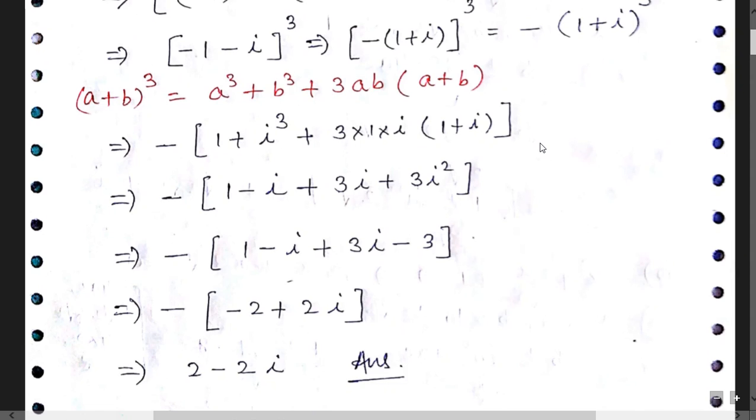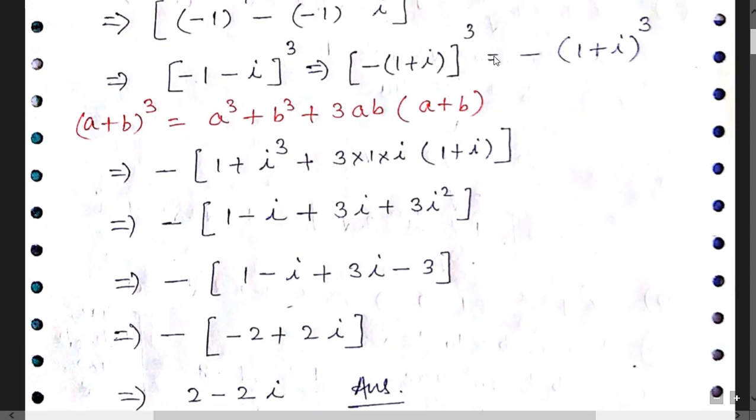Insert the values 1 plus iota in place of a plus b. Then it can be written as 1 plus iota cube plus 3 into 1 into iota and inside bracket 1 plus iota. Simply insert in place of a 1 and in place of b iota in the formula.